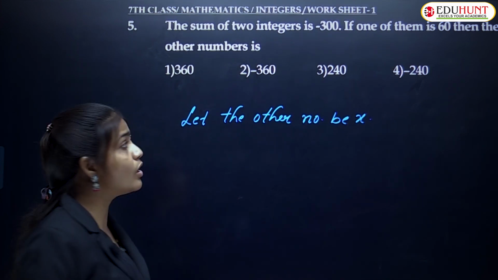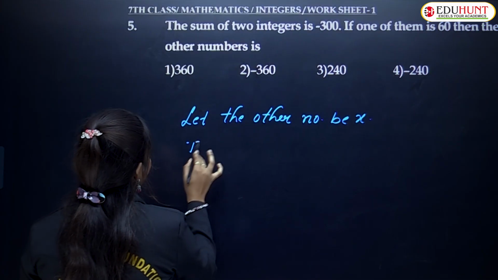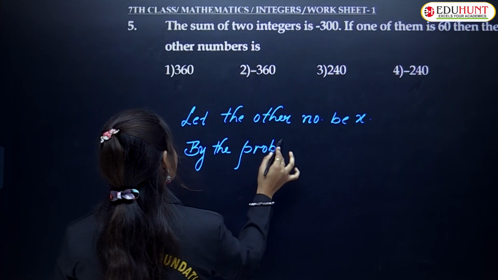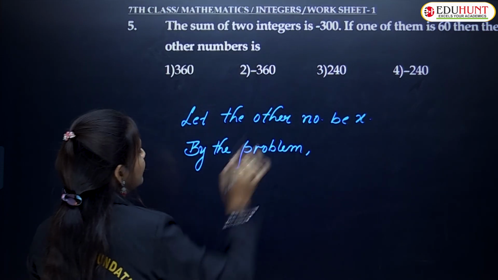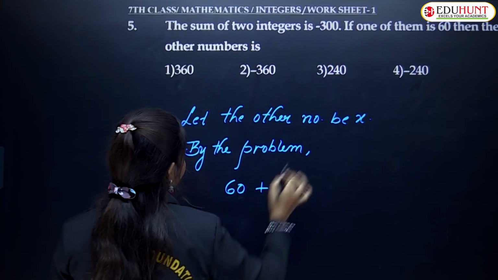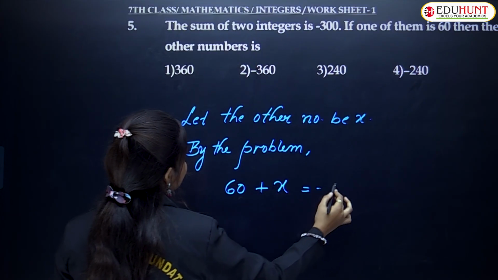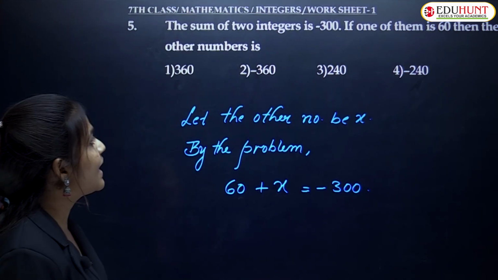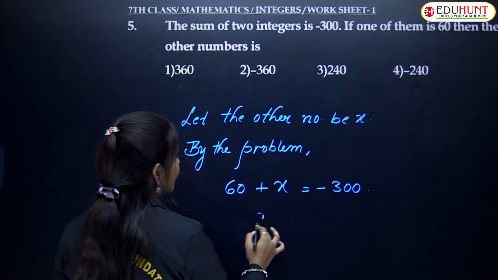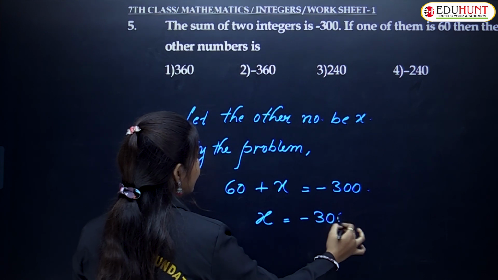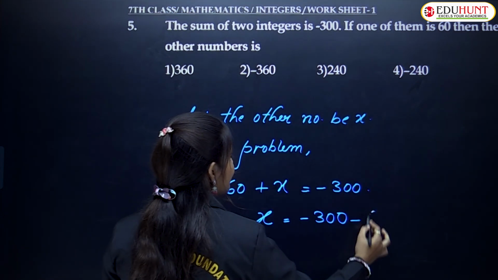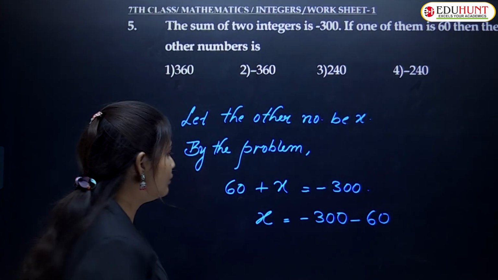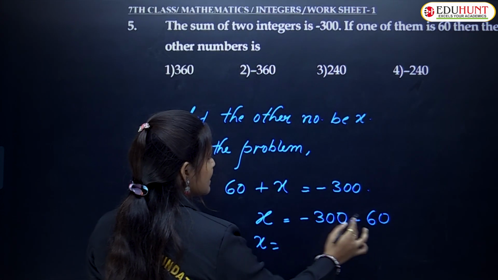One of the numbers is already given, so by the problem, the sum of the numbers 60 and x is equal to minus 300. Then we need to find that x value. So x is equal to minus 300 minus 60, which becomes minus 360. Yes or no?